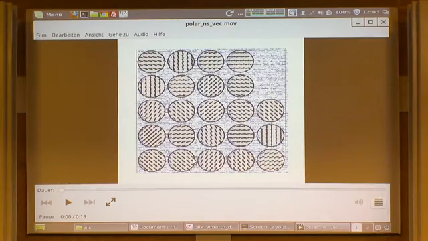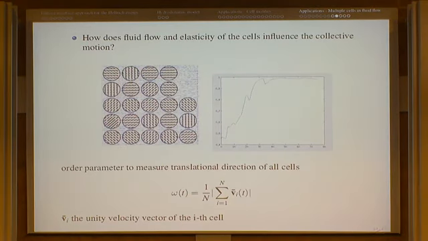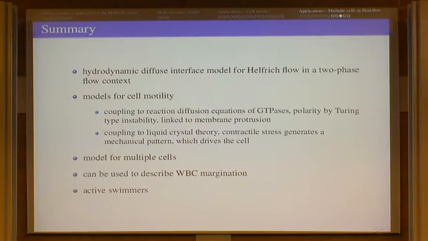The question is, how does the elasticity of the cell, or viscosity, or every parameter we know, influence this collective motion? There's an order parameter, omega, and if omega is 1, all cells are moving in one direction. We want to determine this omega for different properties of the cells. Then I'm going to summarize what you've seen.